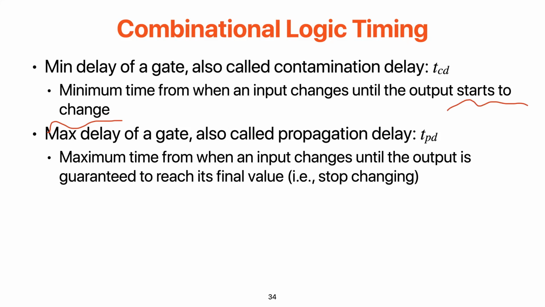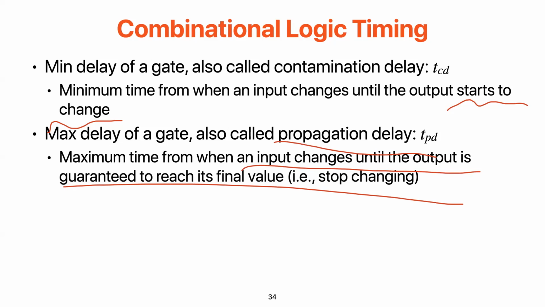So what's the delay we use for the final output? That's called propagation delay, tPD. It's the maximum time from the input change until the output is guaranteed to reach its final value and stop changing. So if you receive an input, the final output will need this amount of time to generate.